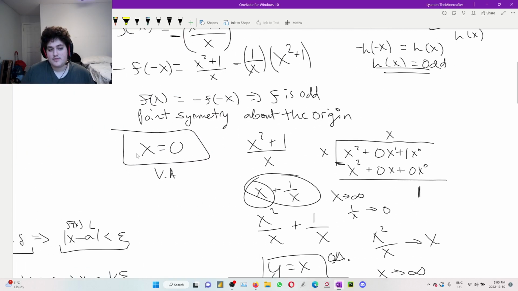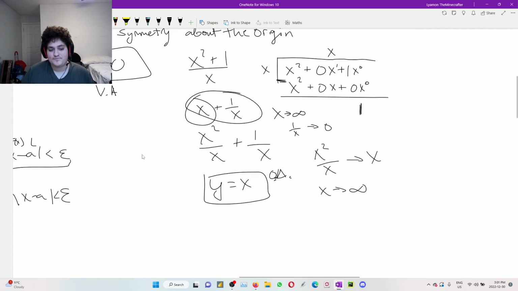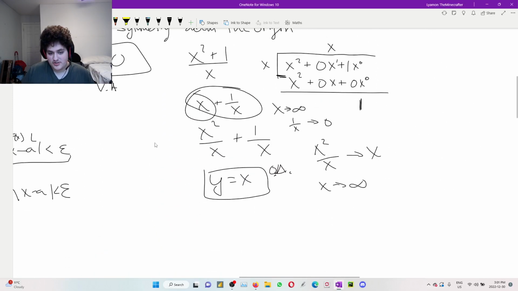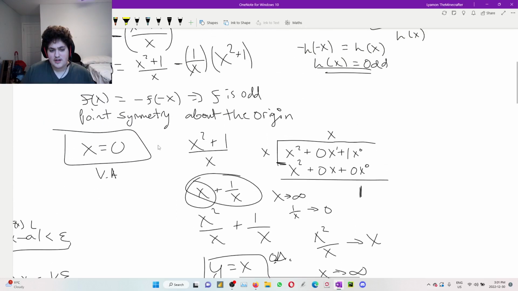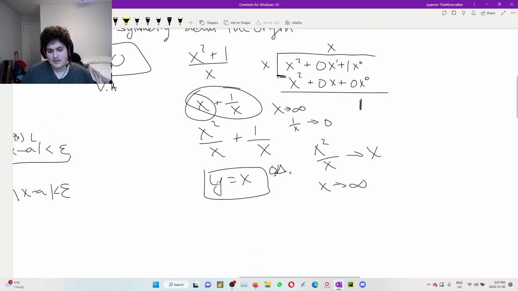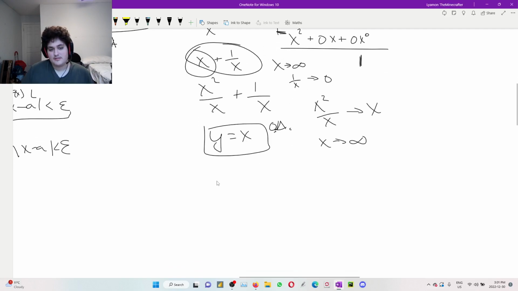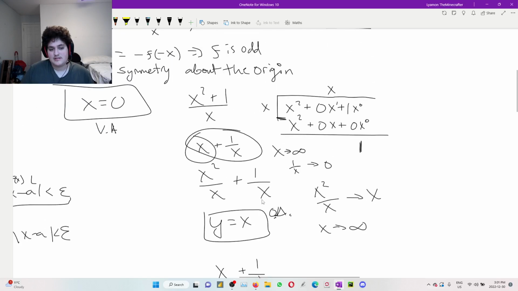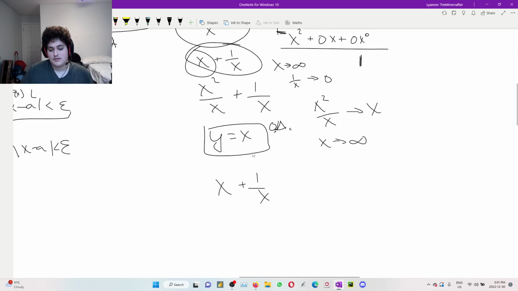I guess the next thing I would do is find critical points and points of inflection. To do that, you have to differentiate. I think this could be really easy to differentiate instead of differentiating the original. To differentiate this, you could just write it as x to the minus 1 and use the power rule.